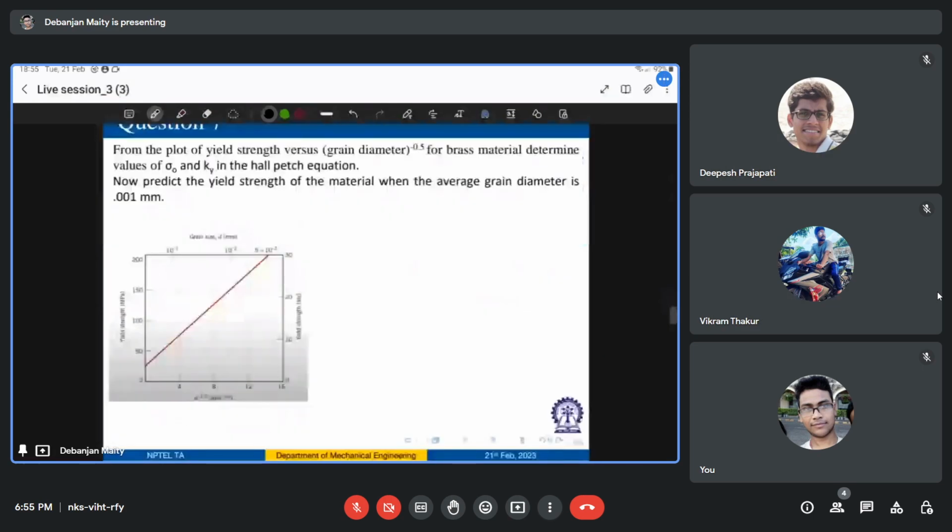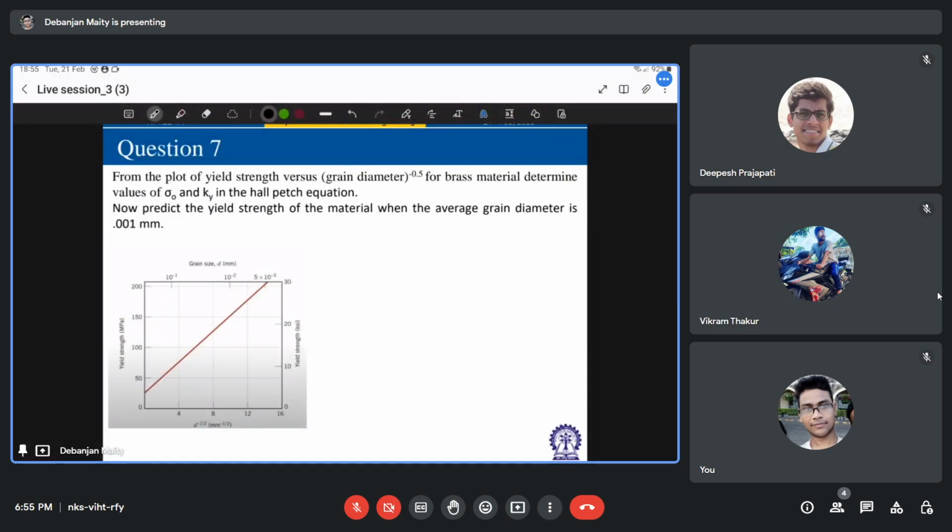So you have a plot given for yield strength versus grain diameter to the power minus half for a brass metal. We need to determine the value of sigma naught and ky from this Hall-Petch equation.